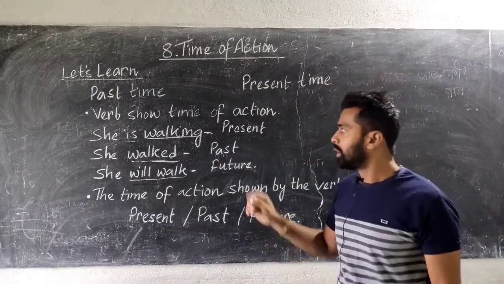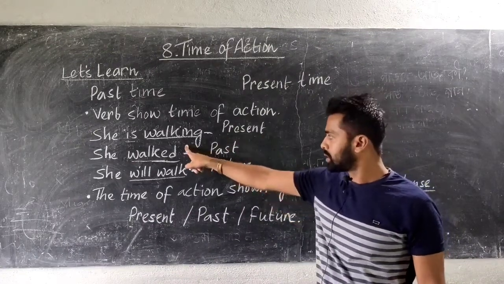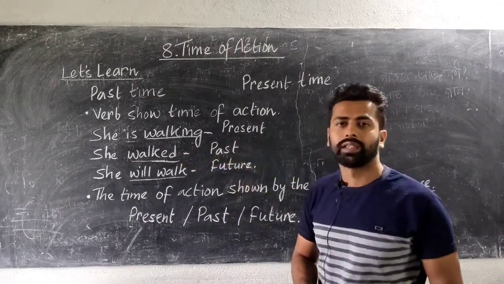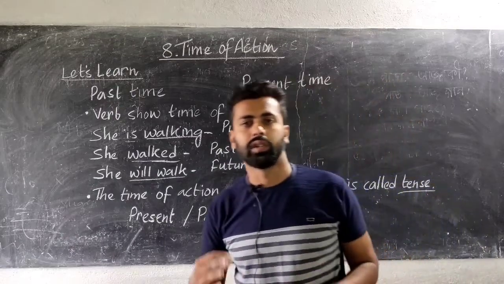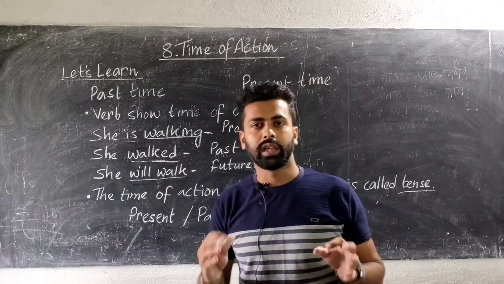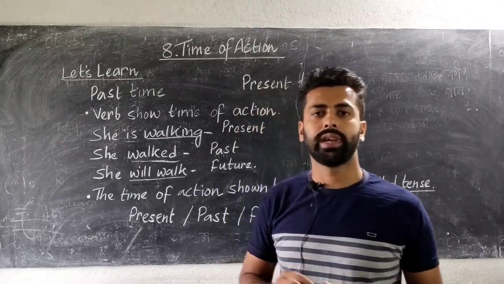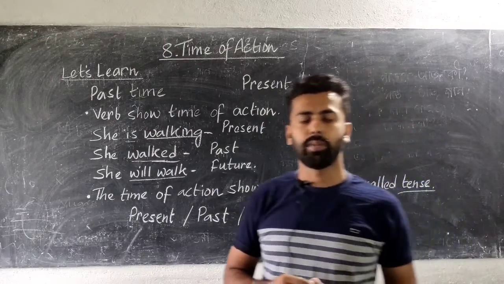That's why we say the sentence is in present tense, or past tense, or future tense. All these things we can say looking at the verb only. So the verb will always tell you about the time of action.